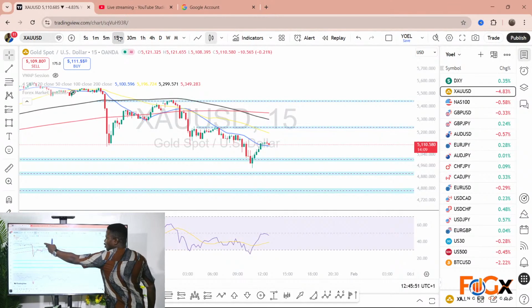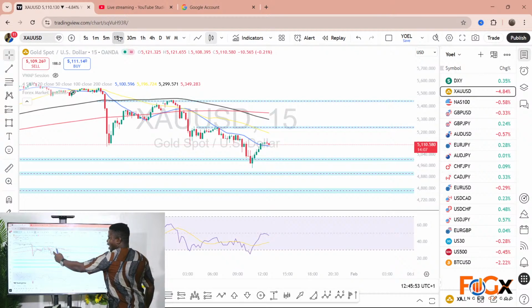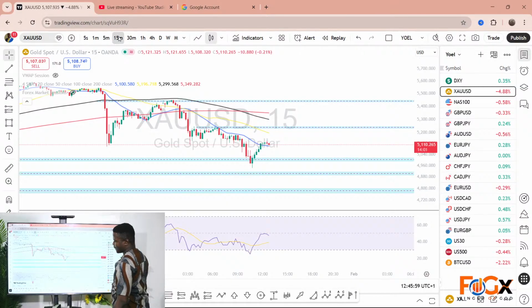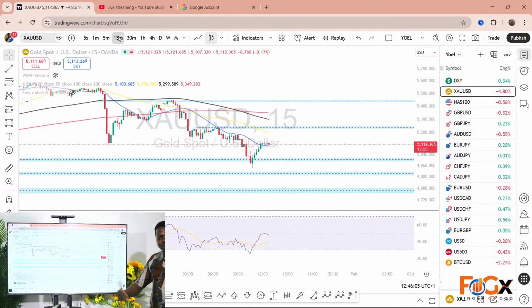Okay. Lower high, lower low, lower high, lower low. Now they might be seeing their lower high from here. That's why when you are buying, somebody else is selling, because everybody is seeing the market differently.